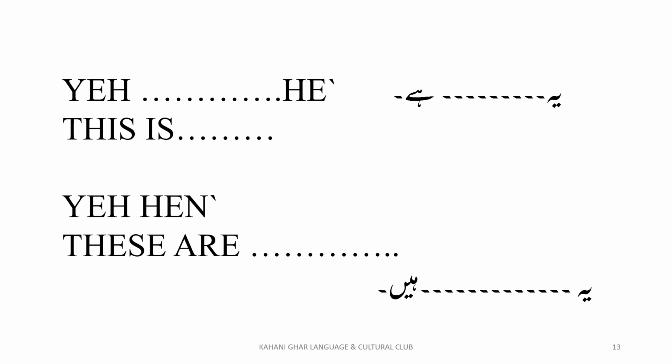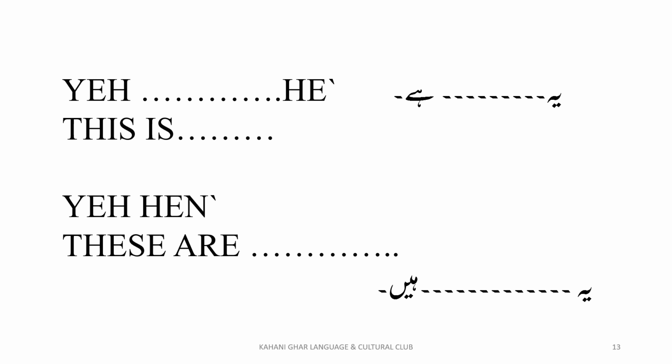If we want to make a sentence with this is and the object, remember in an Urdu sentence, the object will be in the middle and is will be at the end. If you are talking about a singular thing, like this is a chair. For example, you have just learned the word car, that is gadi. This is a car.